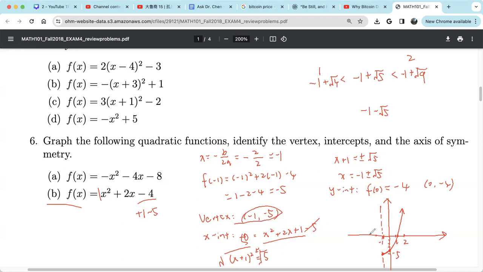So by the line of symmetry, this is negative 1, negative 2, negative 3. So we'll get another by symmetry, which is negative 1 minus radical 5.